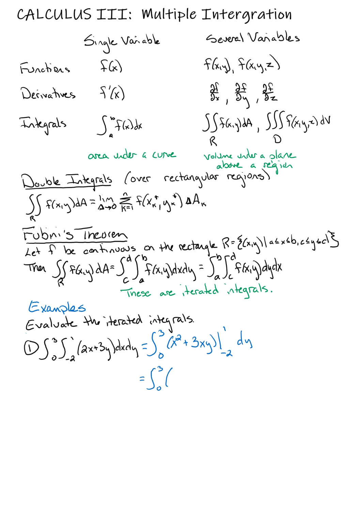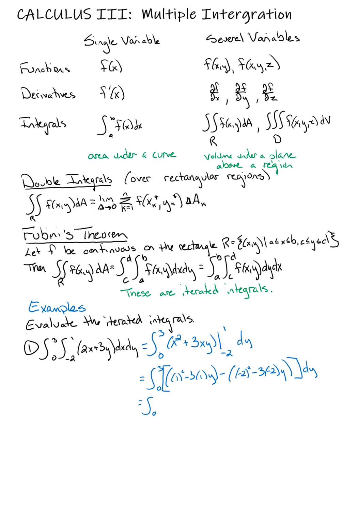All right, evaluating this from negative 2 to 1 gives us 1 squared plus 3 times 1y. Notice I'm evaluating the x values, not the y values. Minus, now we evaluate at negative 2, so that's negative 2 squared plus 3 times negative 2y. Of course, all of this is now the integrand, and we'll be integrating with respect to y here in a moment.